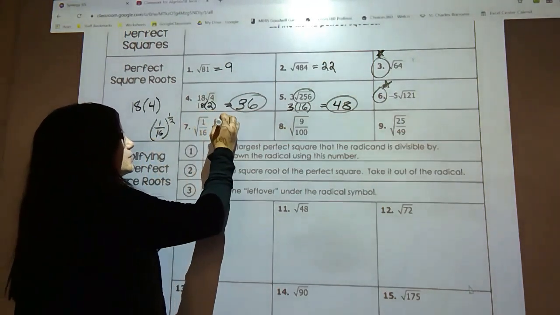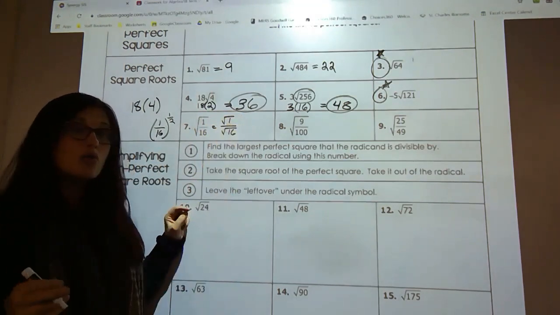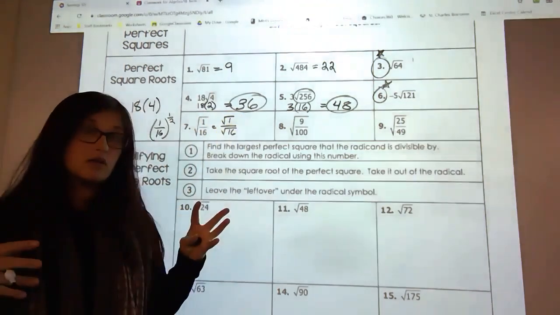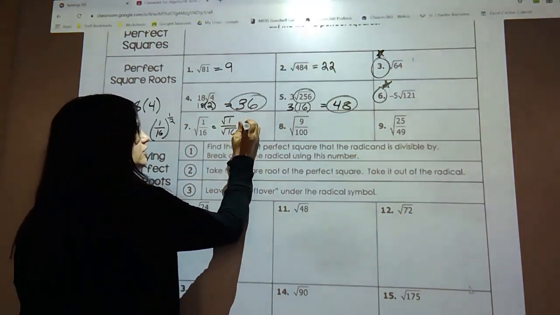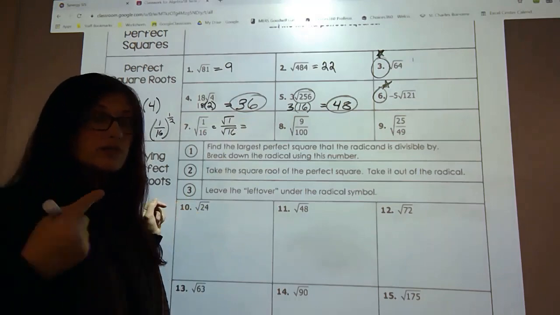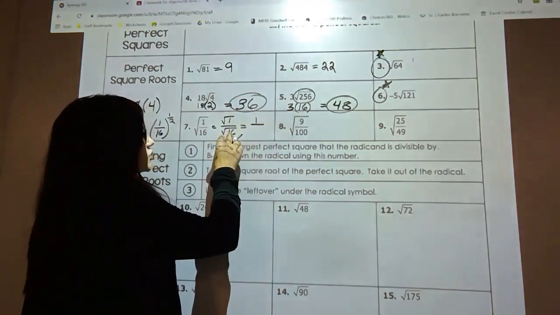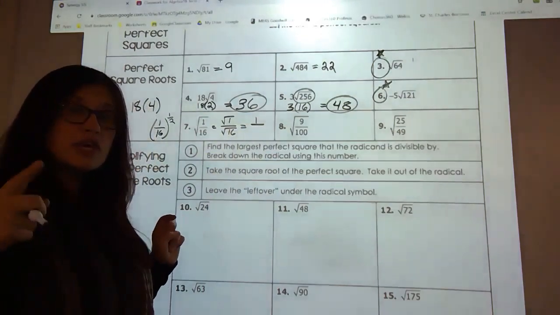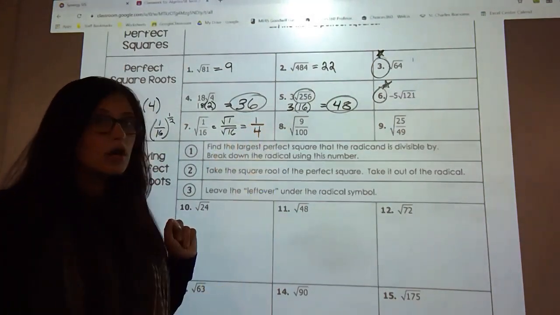So this is the same thing as saying the square root of 1 divided by the square root of 16. You can always divide the radical into each factor of your term. So the square root of 1, well, 1 times 1 is 1, so the square root of 1 is just 1. That one's really easy. What's the square root of 16? Well, 4 times 4 is 16. So the square root of 16 is 4.